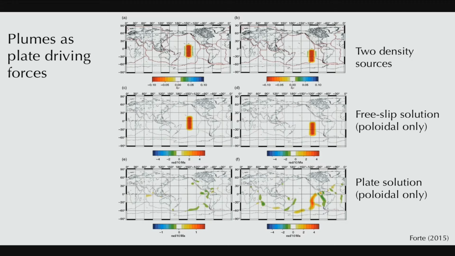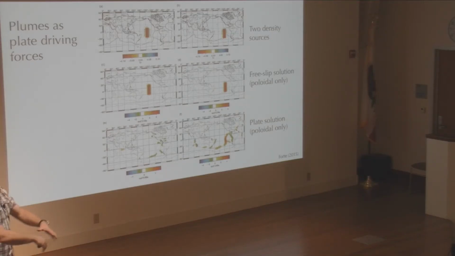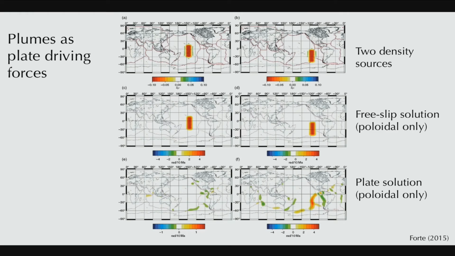The tractions average out, so you get very little motion. This one happens to be underneath the East Pacific Rise, and you get nice plate motions, right? And so plumes are not really a good driver of plates. They may prime plates in terms of modifying the lithosphere and make them move faster, but broad upwellings are much better way to drive plates.